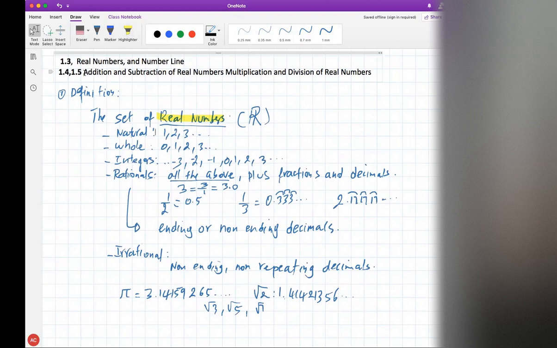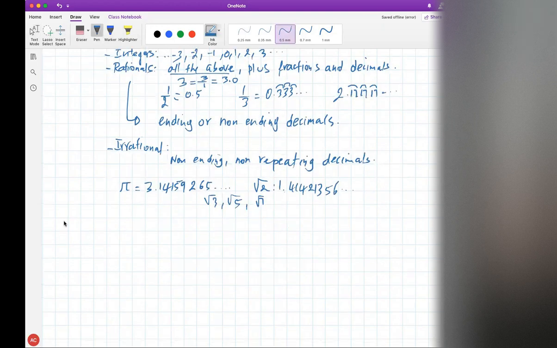All the rules of the signs we're going to discuss today in details, and they're very important. So first, let's talk a little bit about the number line, because the number line helps us understand the real numbers, understand addition and subtraction. So let's first talk about the real numbers and also the number line and comparing the real numbers.